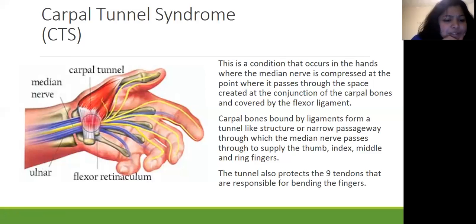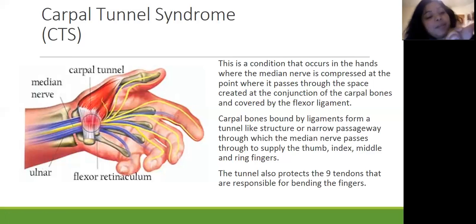Now, the place that it creates is known as the carpal tunnel. So this space right here, as indicated in the picture, is the carpal tunnel. And through that tunnel is where the median nerve and the 9 tendons pass. This is sort of meant to be a protective layer, the flexor ligament.